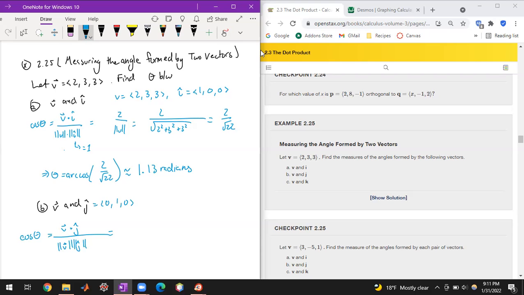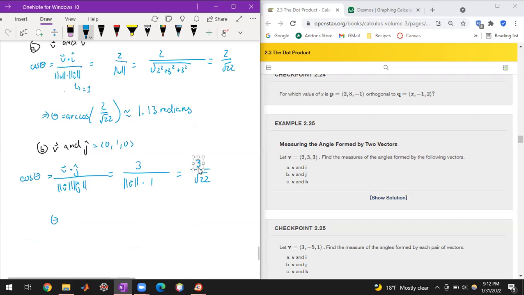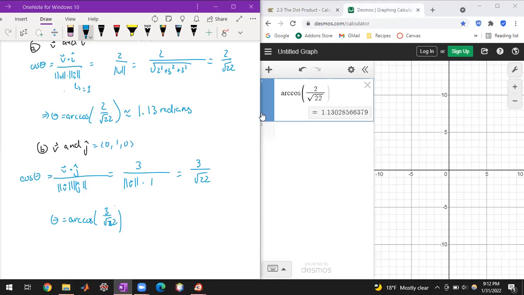So when I take that dot product with v, my numerator is just going to be 3, and in my denominator I get the magnitude of v times the magnitude of j, which is just 1. So this is now 3 over the square root of 22, which tells us that our angle, which is equal to arc cosine of this expression, is going to be 0.87 radians.